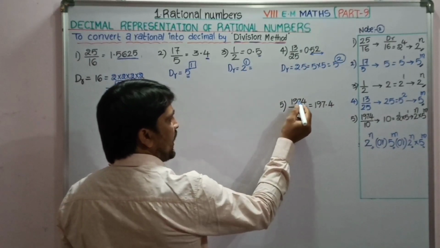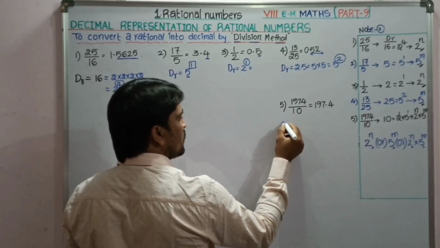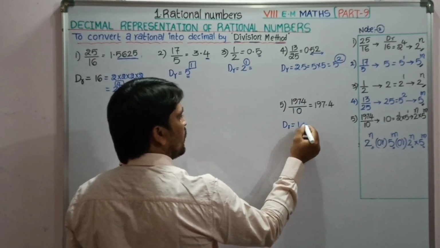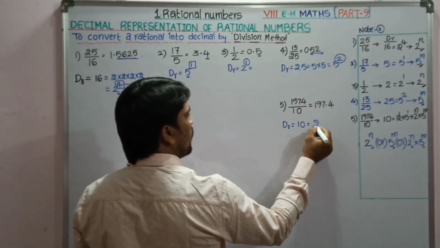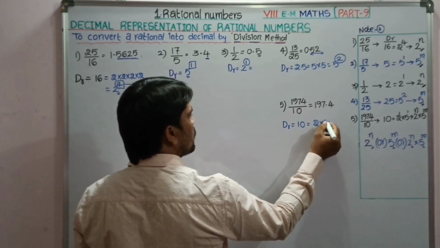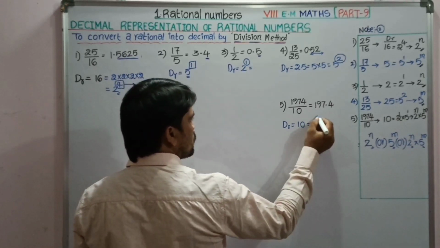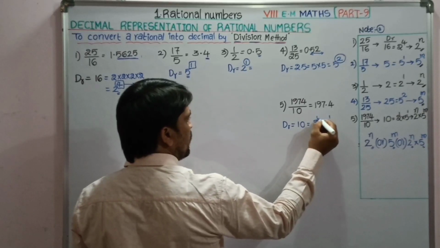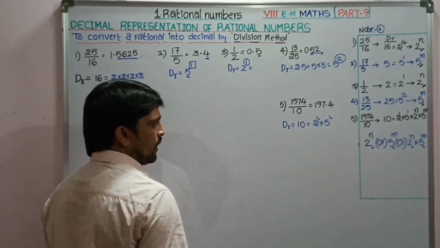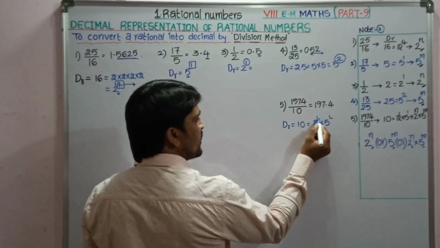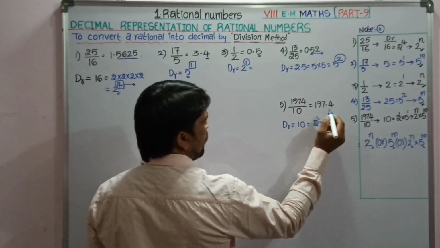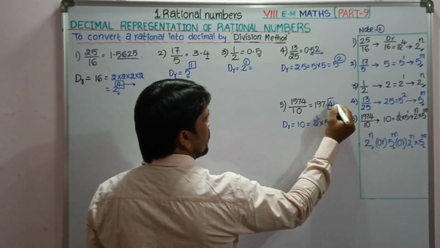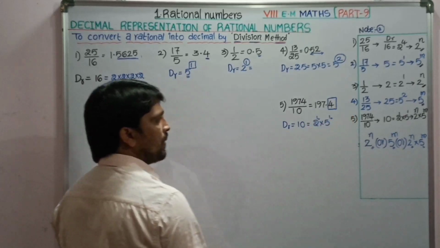And the denominator of 1974 by 10 is 10. 10 can be written as a product of primes as 2 into 5, where 2 and 5 are primes. The power is always 1, so it terminates after 1 decimal place.